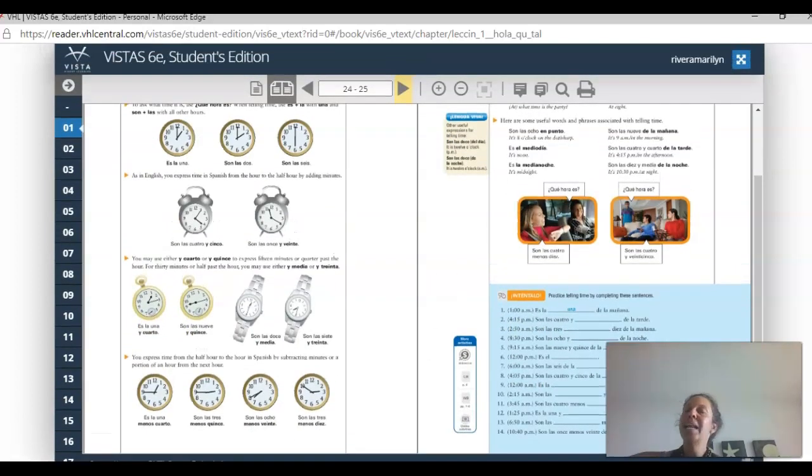Bien, and then if I want to ask at what time is the class, then that's supposed to be a different question. So I'm going to use different tools, and I'm going to start with a, letter A, okay? ¿A qué hora es? And then I'm going to finish with la clase de español.